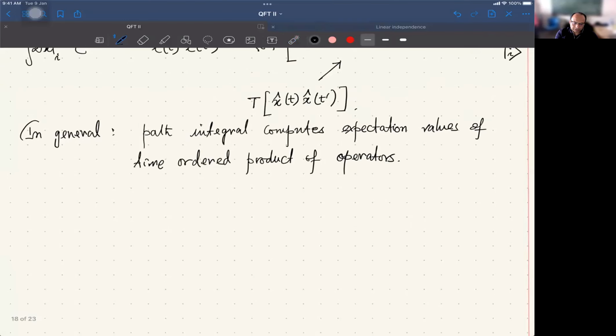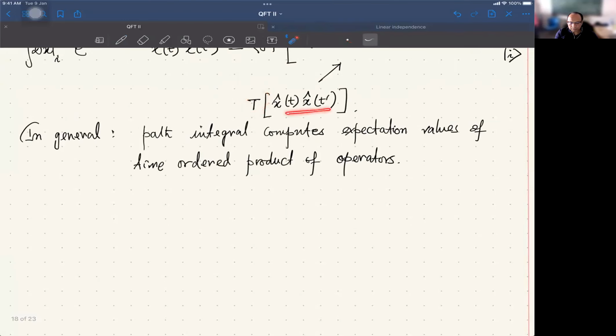The capital T here shows that this product is time ordered.